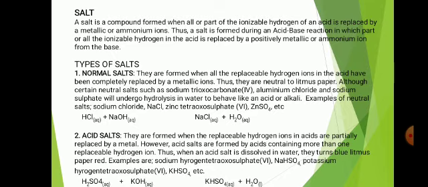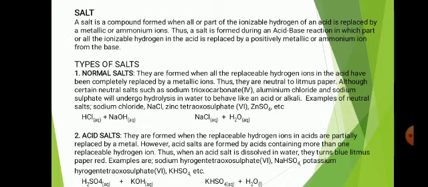Thus, a salt is formed during an acid-base reaction in which part or all of the replaceable hydrogen ion in an acid is replaced by a positive metallic or ammonium ion. If you recall, one of the properties of acid, which is also a property of a base, we said that acid reacts with a base to form salt and water.